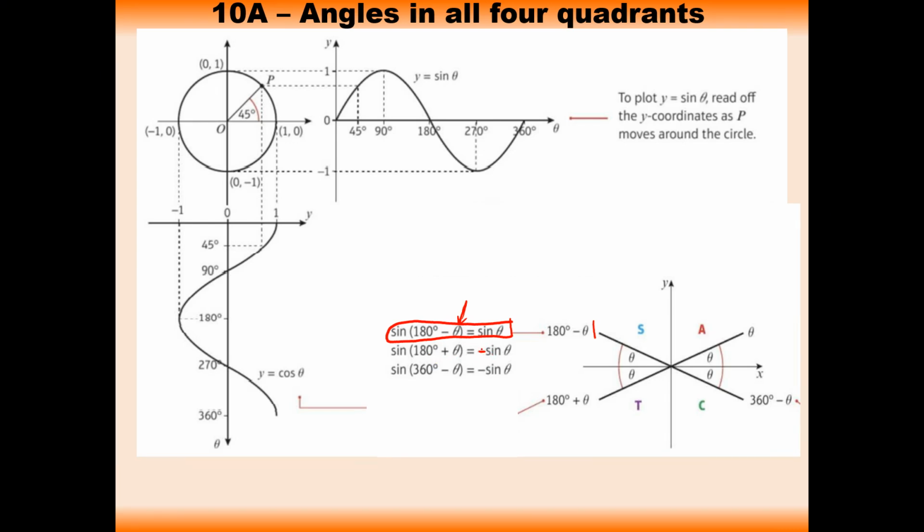Alright, so you need to remember this rule here. And also, if you take the complement of 360, take the 360 and take away that angle, it will be again its reflection in the y-axis, or its negative value.